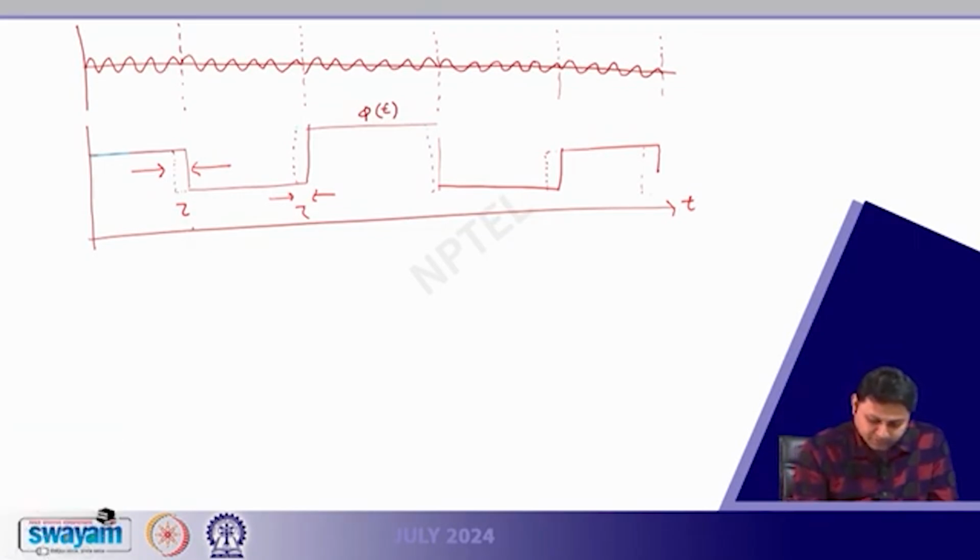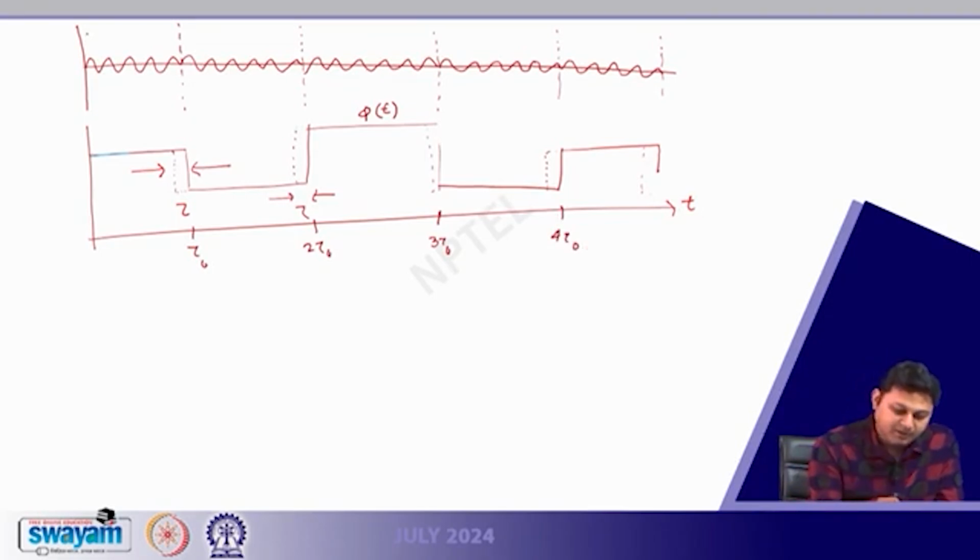So at this point it is tau 0, at this point it is 2 tau 0, at this point it is 3 tau 0, at this point it is 4 tau 0, and so on, because it is happening at the period of say tau 0.